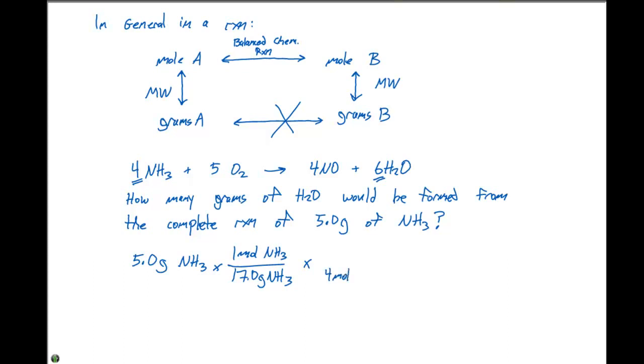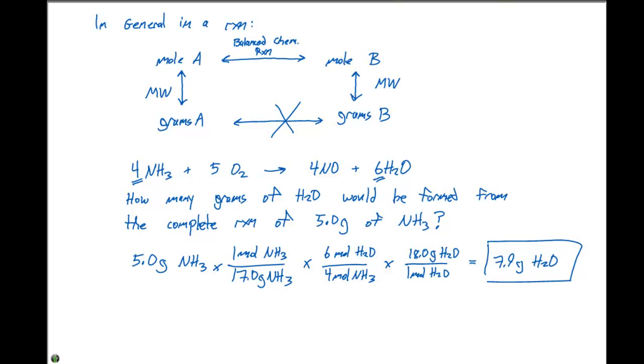So 4 moles of NH3 go in the denominator, and 6 moles of H2O will go in the numerator. The last step is to convert the moles of water to grams of water. So for every 1 mole of H2O, we can add up everything from the periodic table to get 18.0 grams of H2O. This will give us 7.9 grams of H2O.